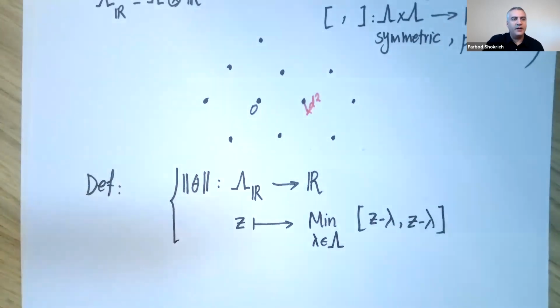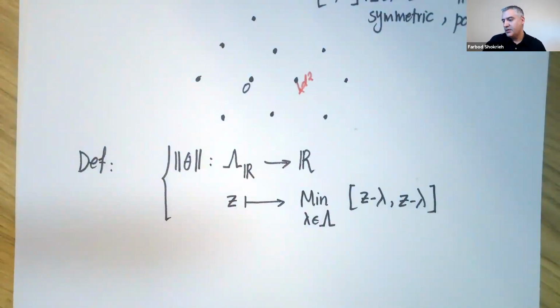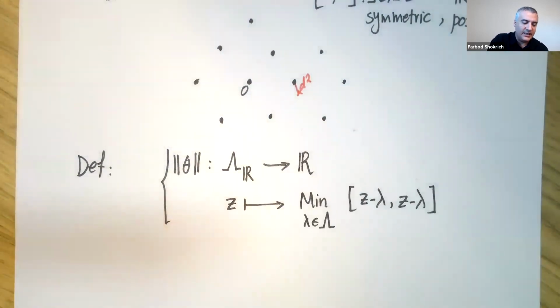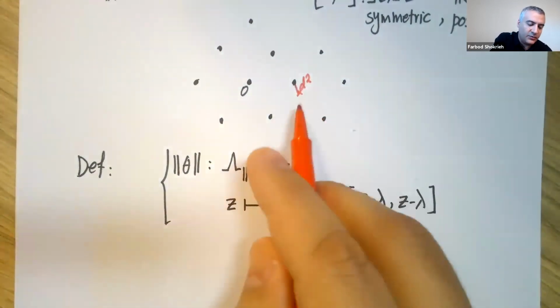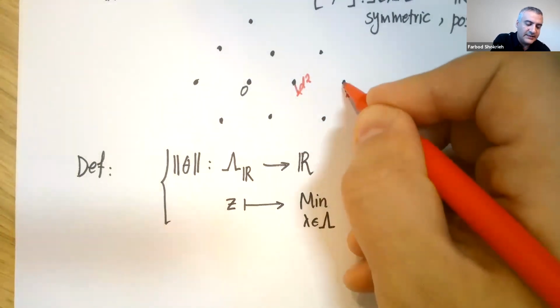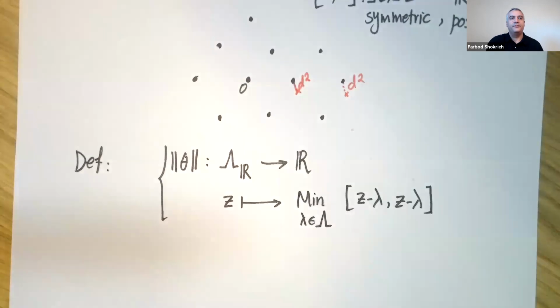And for some reason, I have this weird notation, norm of theta. Right off the bat, you notice that this is a periodic function with respect to the lattice. Namely, if instead of this particular point, I give you a translate of that, the output is going to be the same number.